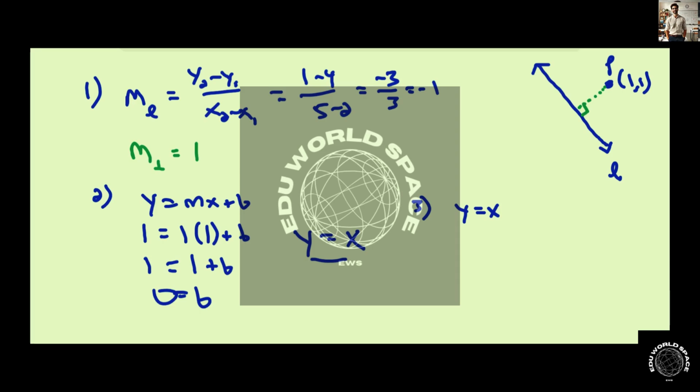So the slope of the original line L is negative 1. And so if we use one of the points, like 2, 4, where the y coordinate is 4, the slope is negative 1, and the x coordinate is 2, that's 4 equals negative 2 plus b, or b equals 6. So that would be y equals negative x, or negative 1x plus 6, the equation of line L, and y equals x is the equation of the perpendicular.